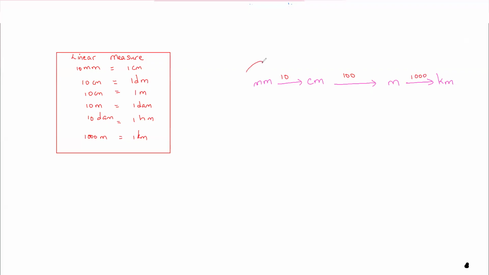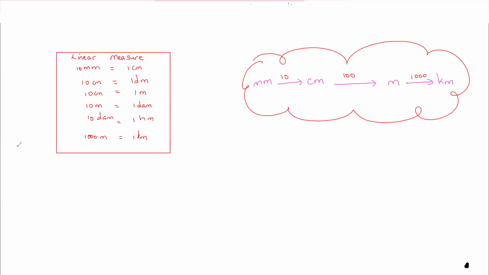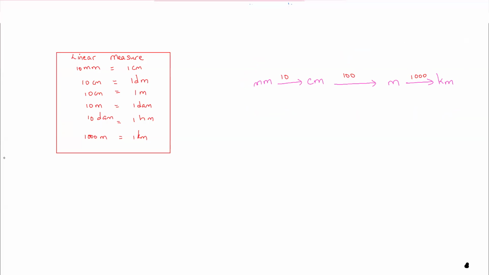So we could remember this chart. Now, if we are given a question to convert from one unit to another, we could remember: label all of your units from smallest to biggest, and then you have 10, 100, 1,000. Now, in between them, when we look above, it tells us how much is in between them.